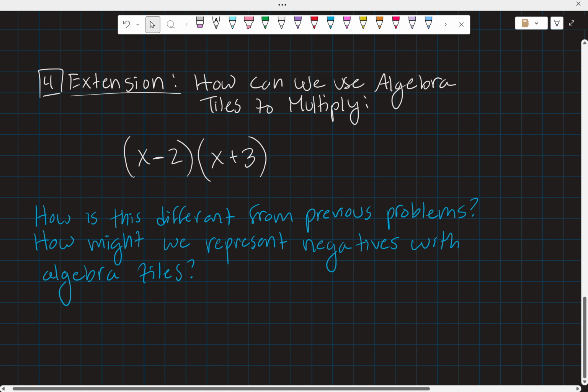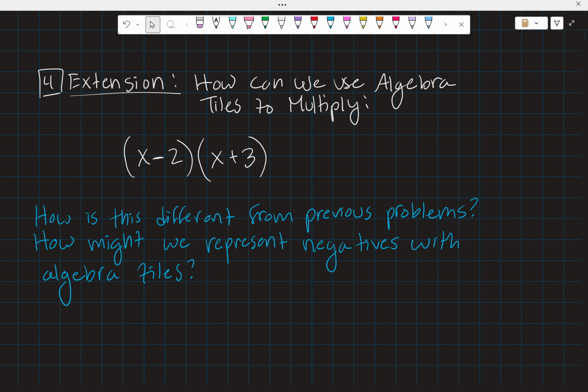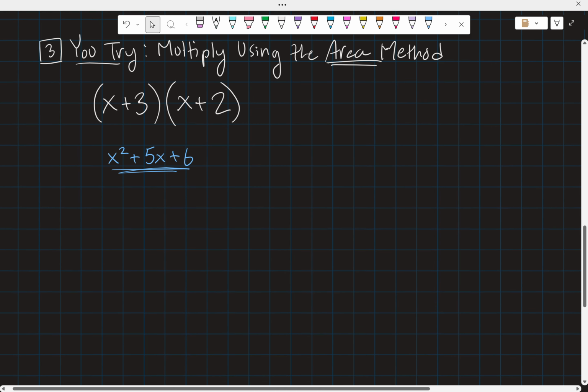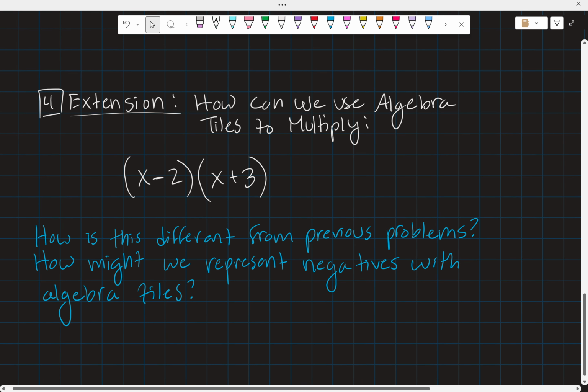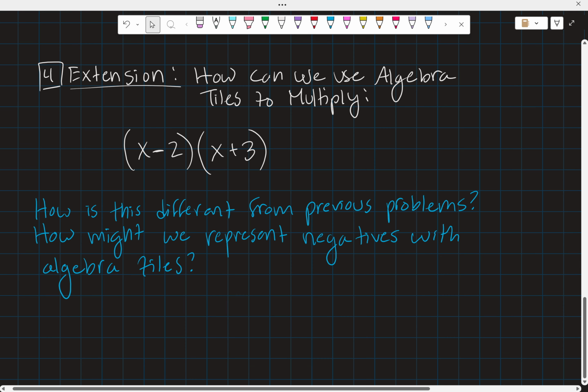How can we use algebra tiles to multiply this expression here? We're going to be looking at x minus 2 times x plus 3, which is different from what we've seen before because now we're working with a negative number in the x minus 2 expression. So first of all, think: how is this different from our previous problems?